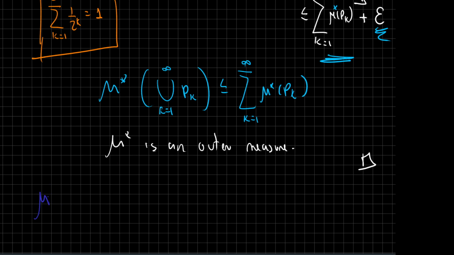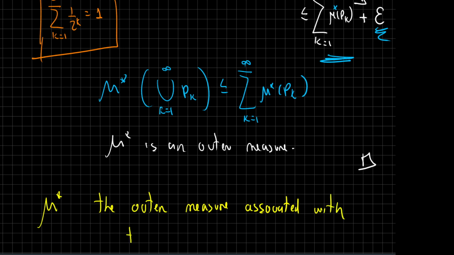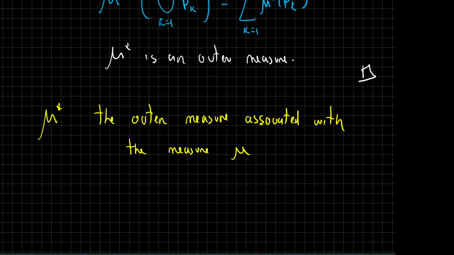Mu star has a proper name, and it is called the outer measure associated with the measure mu. So we will be continuing to use this way of constructing outer measures from measures in the following.